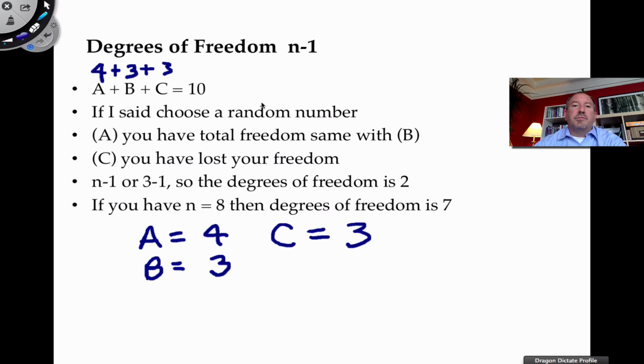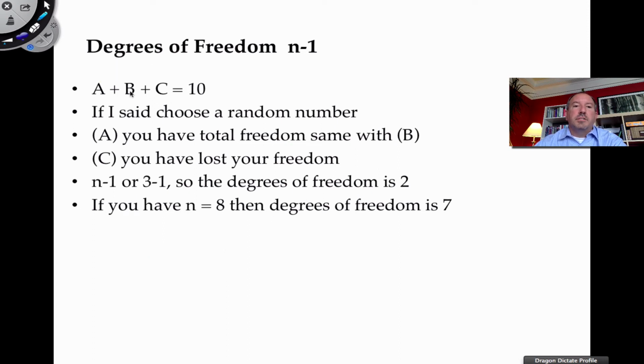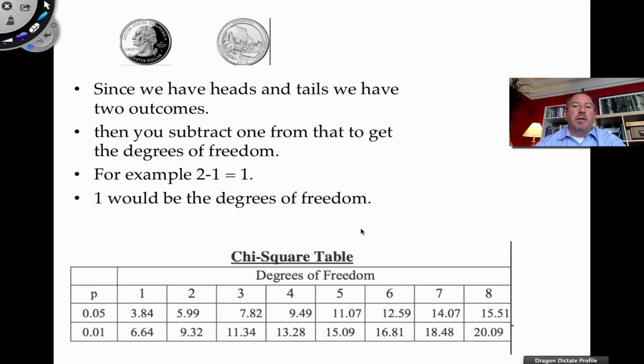And so degrees of freedom, n, remember, is the number of data points, 1, 2, 3 of the sample set, so it's 3. So it's always the number minus 1, because the third one we don't have any freedom. So in this case, the degrees of freedom for this equation right here would be 2. If n equals 8, my degrees of freedom would be 7, because the last one I wouldn't have any more freedom in terms of the outcome.